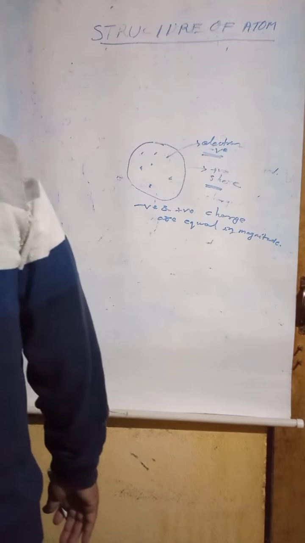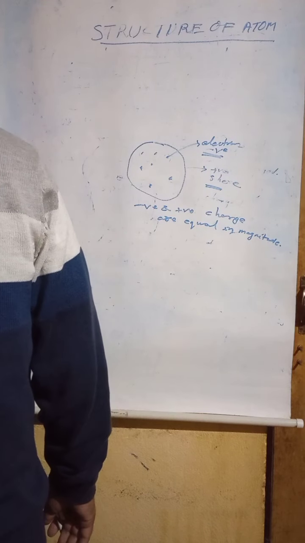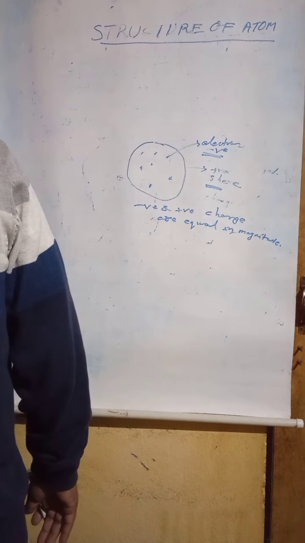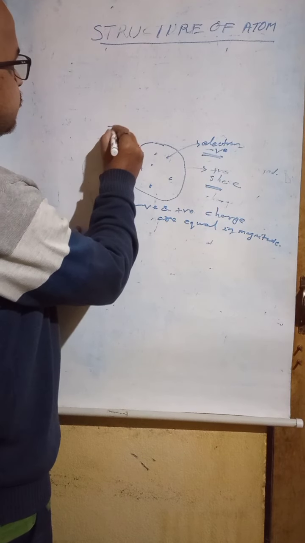Thomson's model explained that atoms are electrically neutral.